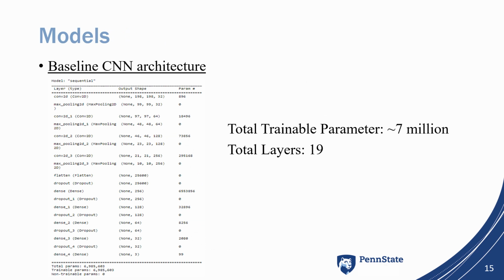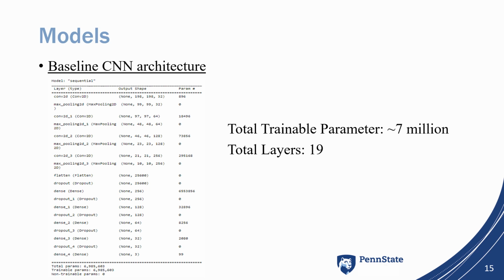Now we're moving on to the models. From the image on the left side, we can see this is the baseline CNN architecture of our models. We can see that the total trainable parameters available is about 7 million.